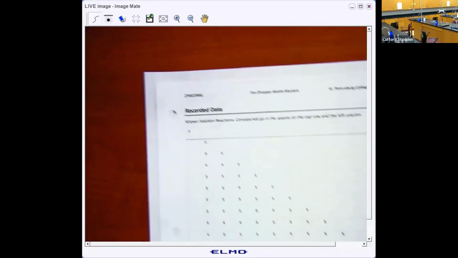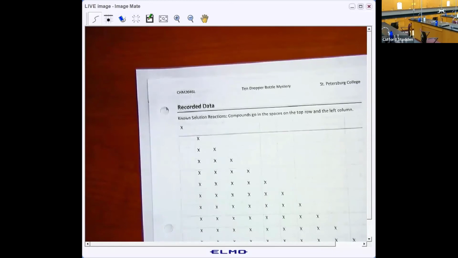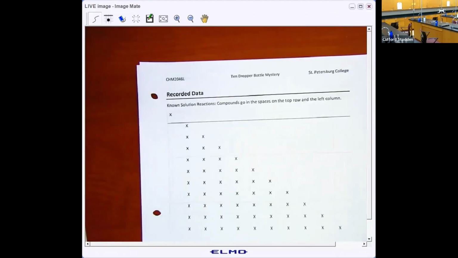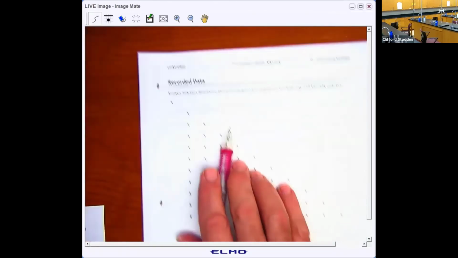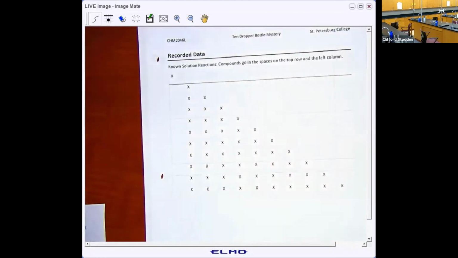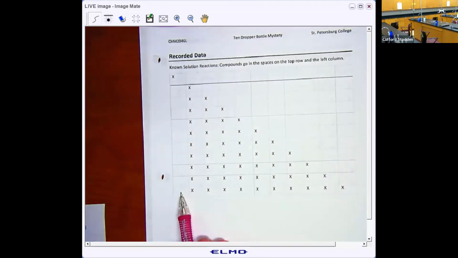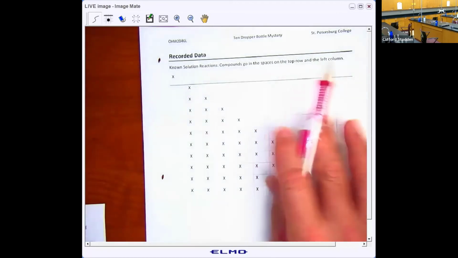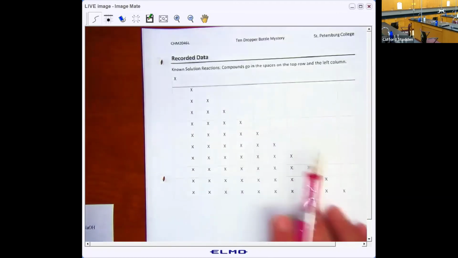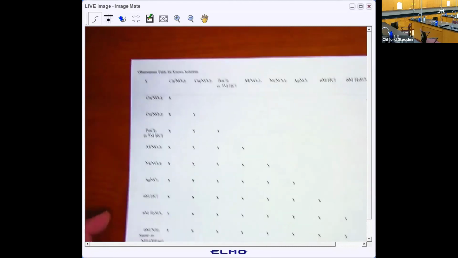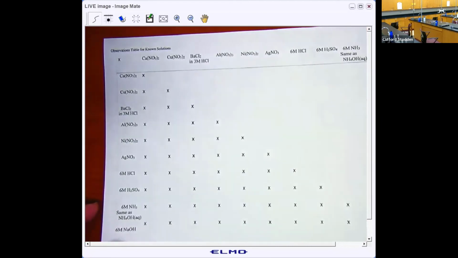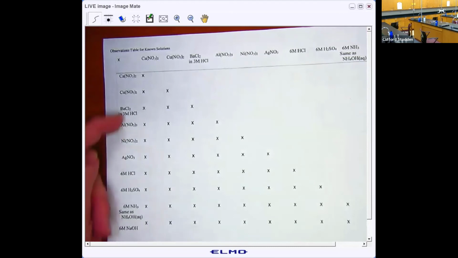All right, these are the pages from the lab manual. This was a page they had in here for the grid we just did, but they didn't have these spaces filled in, so you don't have to turn this in. By turning this sheet in, you'll be doing the same thing, except this already has those known values filled in.